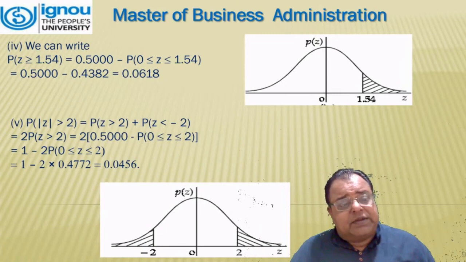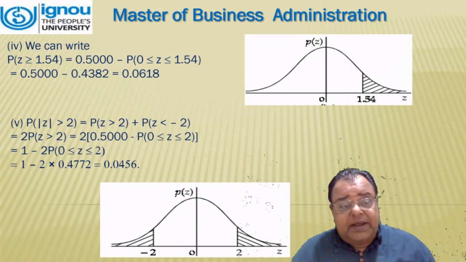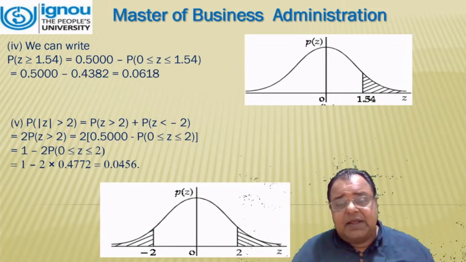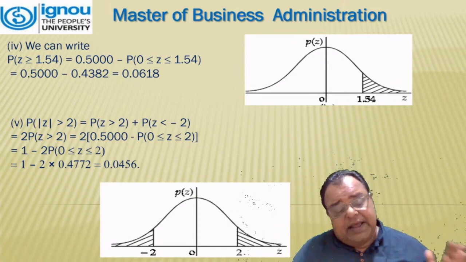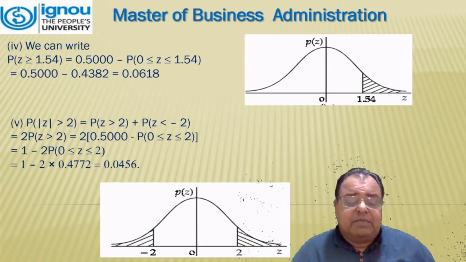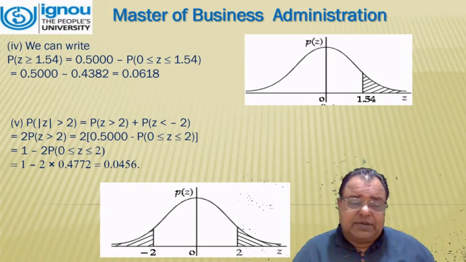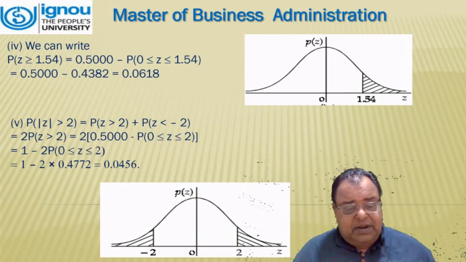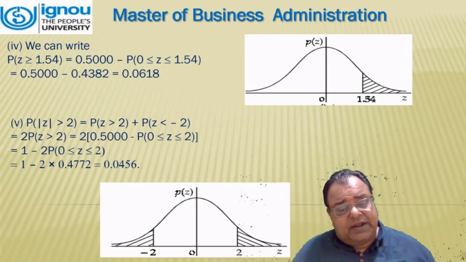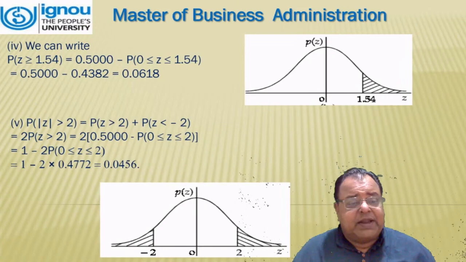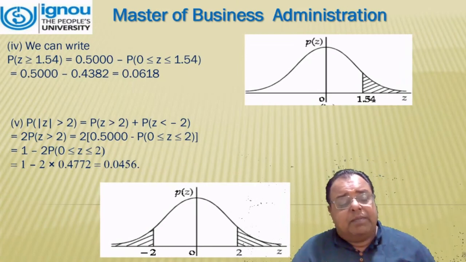Now, the fifth problem is probability |z| greater than 2. That means |z| covers the negative side as well as the positive side. Mathematically, it is written as probability z ≥ 2 plus probability z < -2. Since the value is 2 on either side, this is symmetrical, so we can straight away multiply by 2.